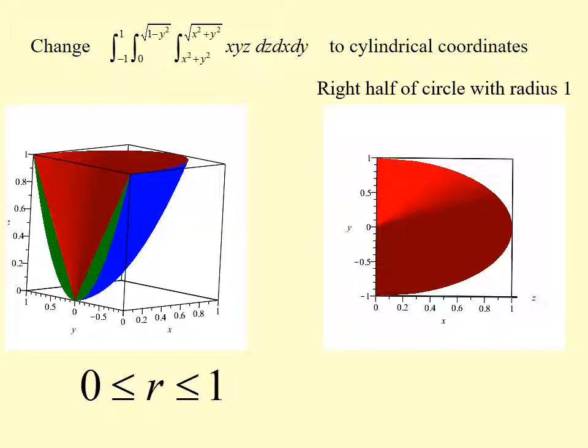And so to describe the circle in polar coordinates with a radius of 1, the right half that is, we want r to go from 0 to 1, and then we want theta to go from negative pi over 2 to positive pi over 2.